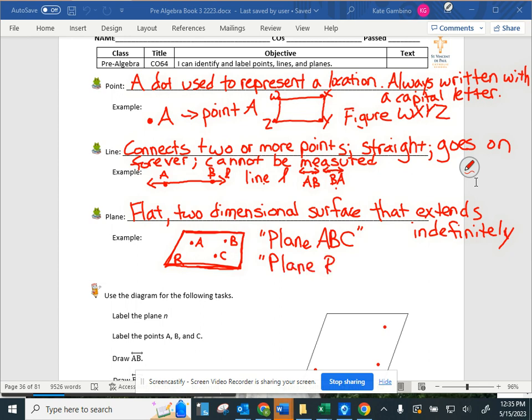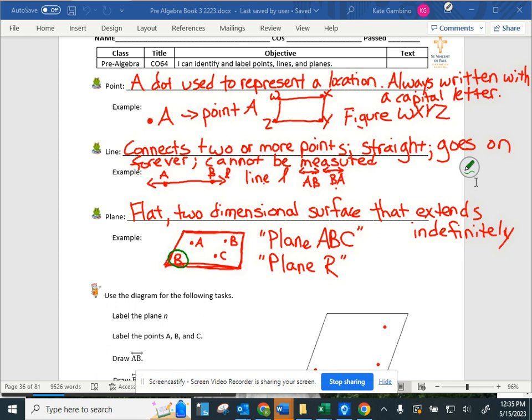plane R. If you notice, this R right here doesn't have a point next to it. It doesn't have the dot. So because it doesn't have a dot, it's not a point. It is the name that we could give to this plane.